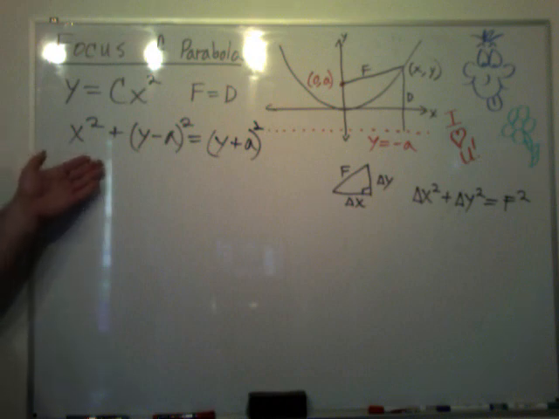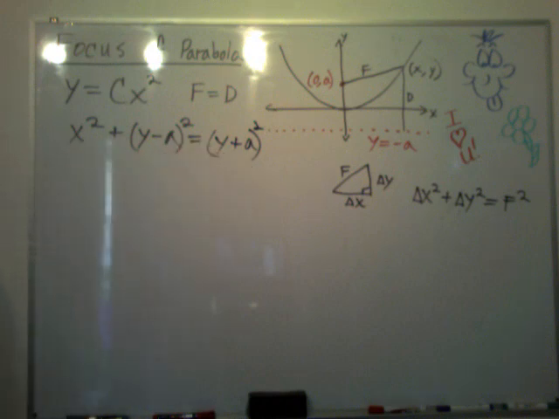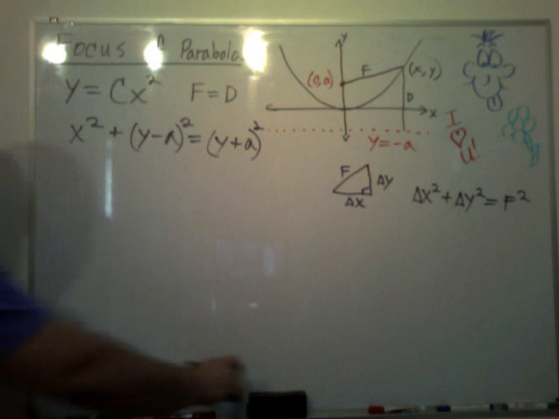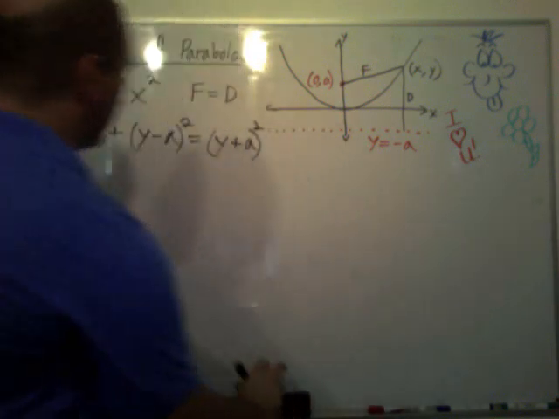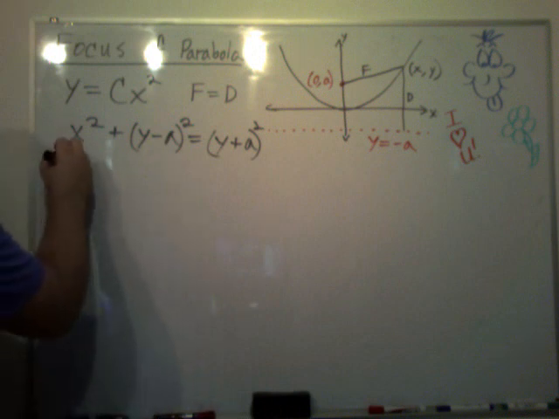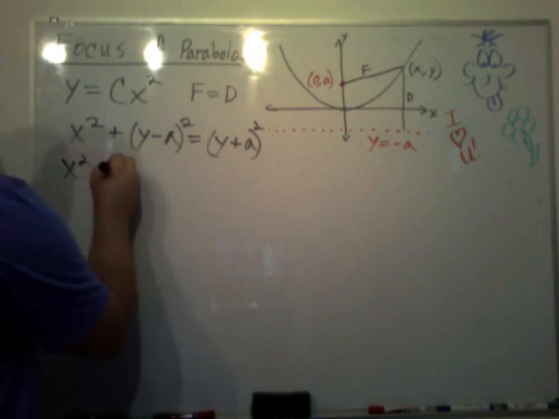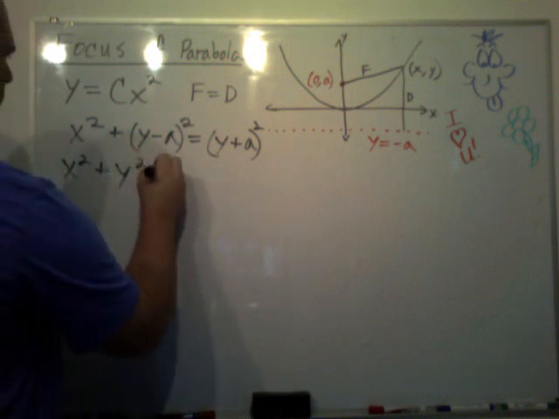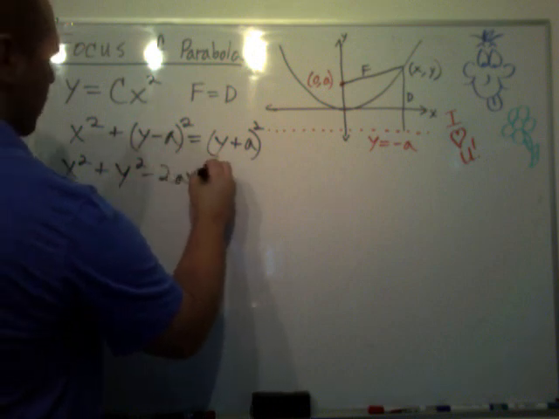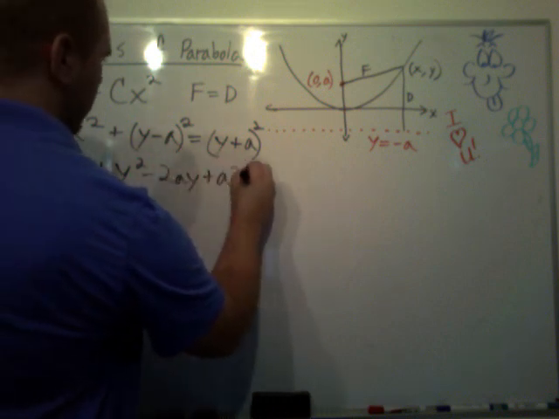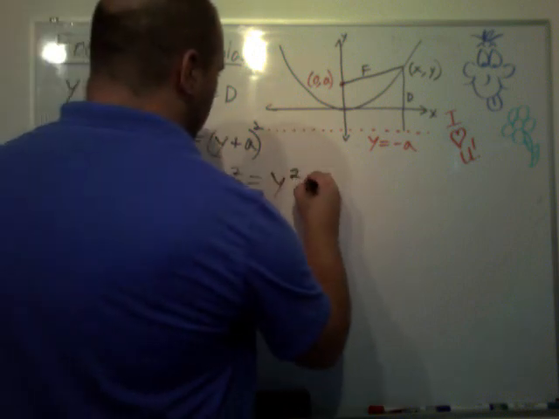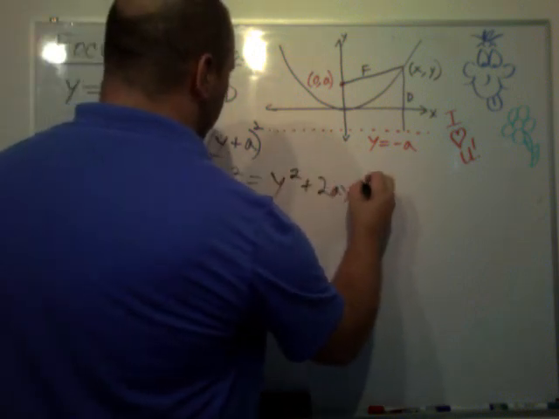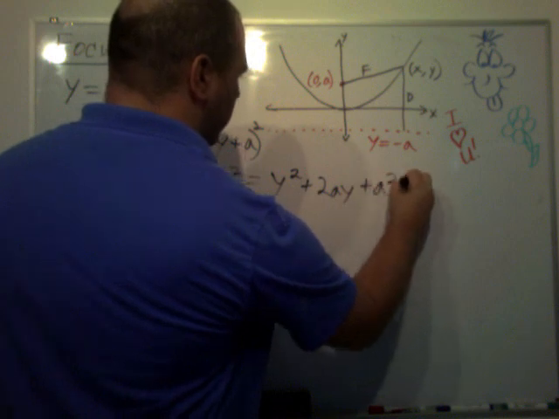So here we have f squared equals d squared. Let's go ahead and expand this thing. We've got to go ahead and erase this. Now we'll expand this equation, so we have x squared plus y squared minus 2ay plus a squared is equal to, expanding the right-hand side, y squared plus 2ay plus a squared.